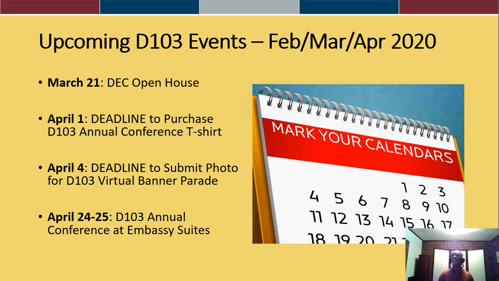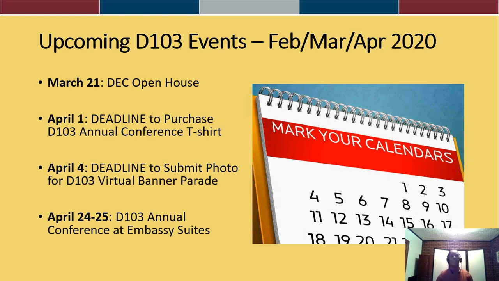You will only see the t-shirt for the annual conference, and you only get a chance to buy the t-shirt for the annual conference. This year, we're offering a great group rate, which means for under $15, you can actually get your District 103 Annual Conference t-shirt, but you can only do so through the group order, and it has to be ordered by April 1st.